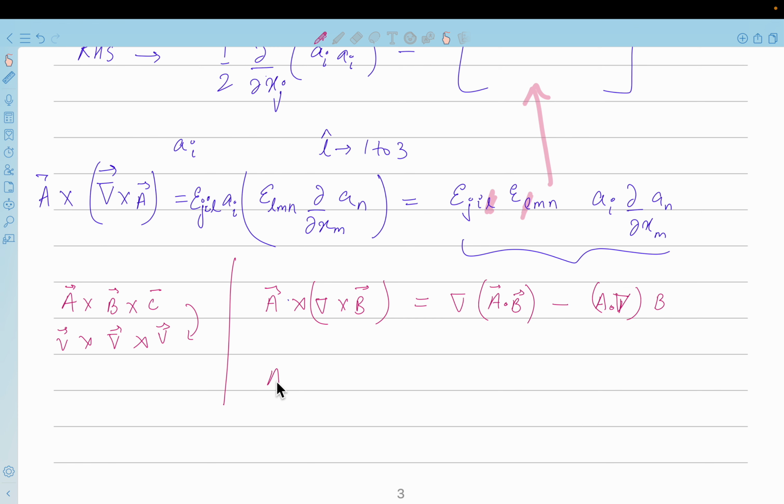And if you take A cross B cross C, you see how that turns out to be. To avoid confusion, let me write A cross C cross B. Okay.